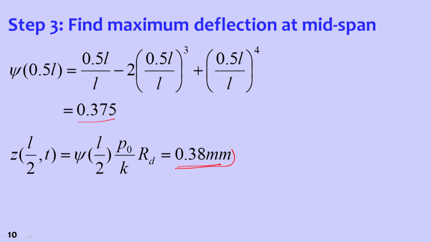This is the maximum deflection. We need to check whether this is less than or equal to the allowable deflection by using the limits of IS 456.